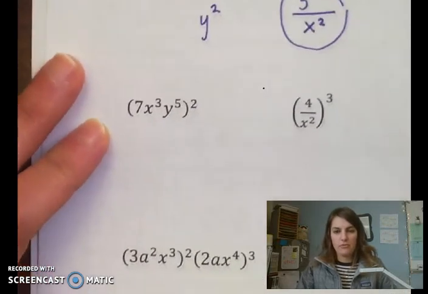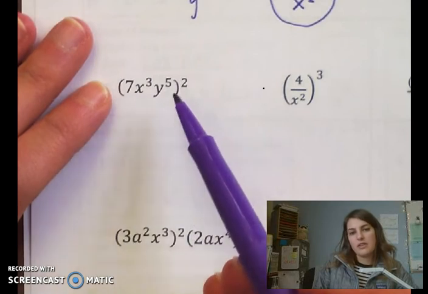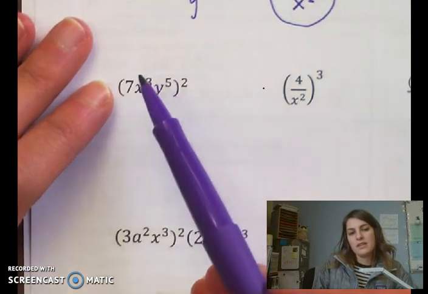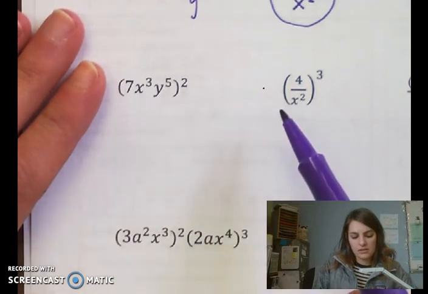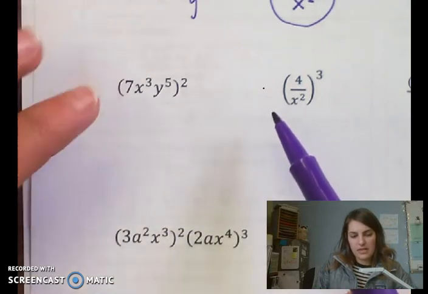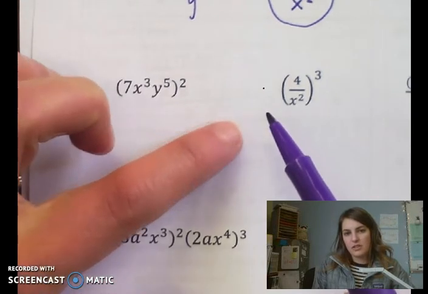Let's do a few more here. So this is a very tricky one because we're squaring all of this. So if we wrote it out, it would be 7x cubed y to the 5th times 7x cubed y to the 5th.